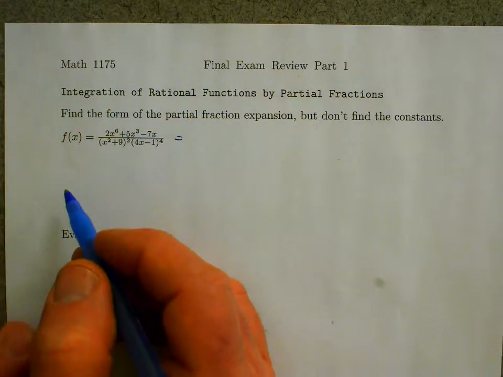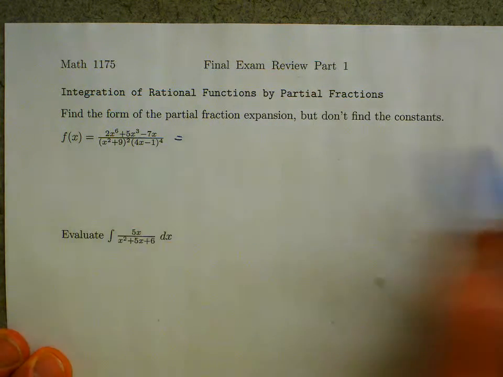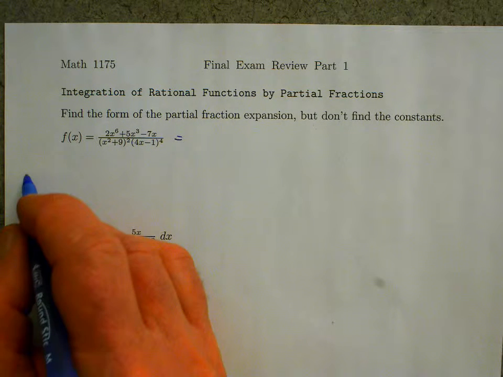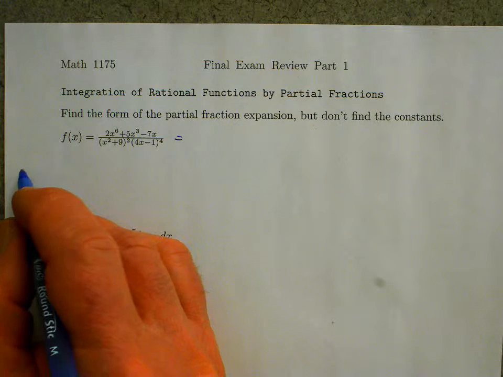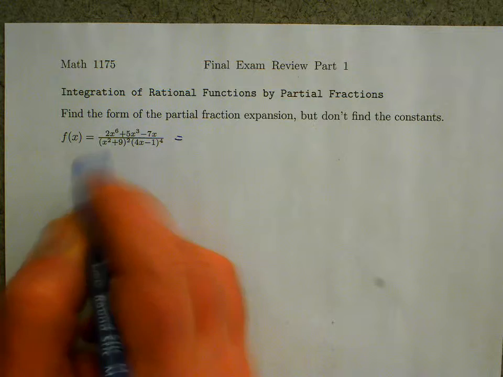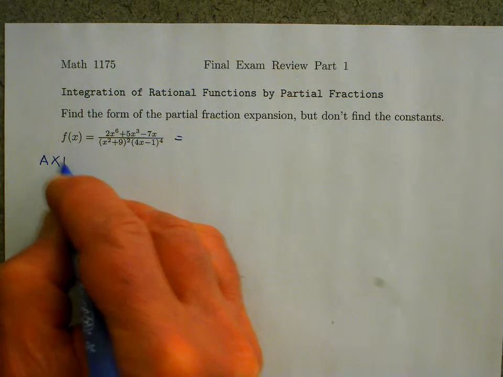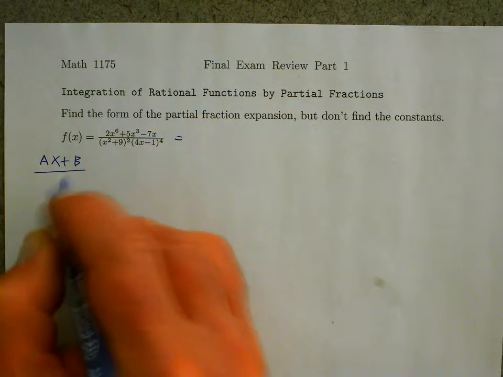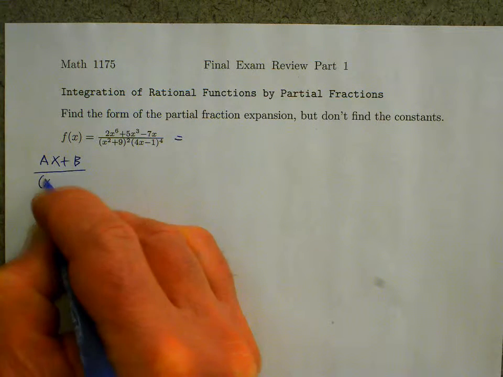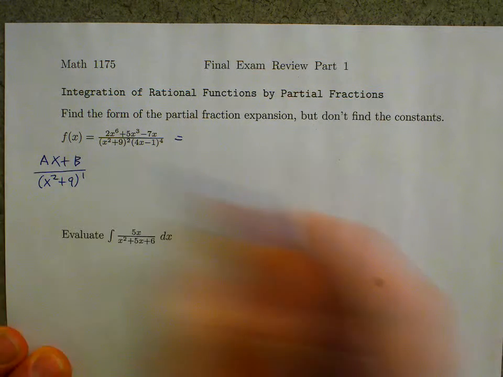So I'll probably run out of room up there, so down here, for one factor of x squared plus 9, the numerator will have the form ax plus b, and this is over x squared plus 9 to the first.